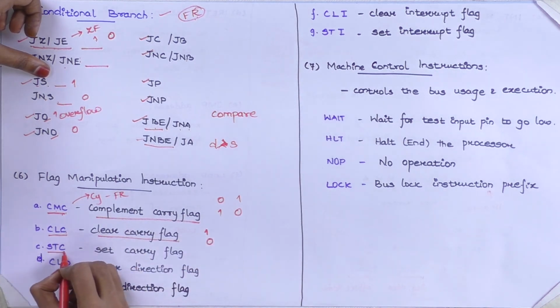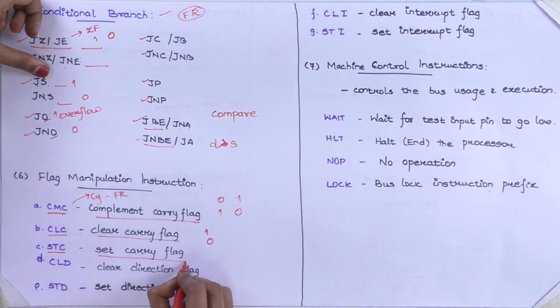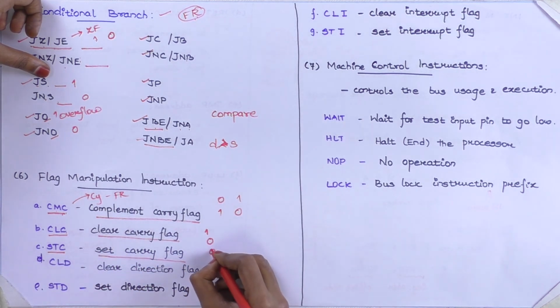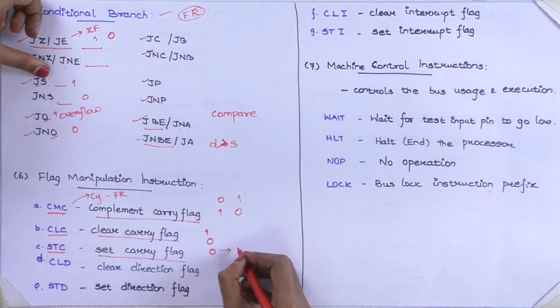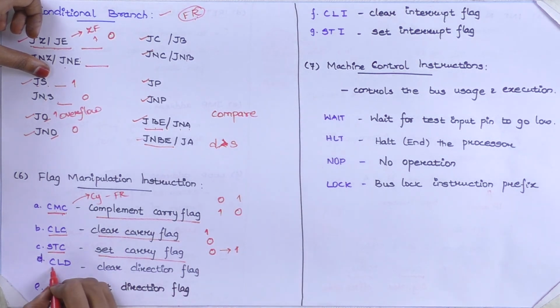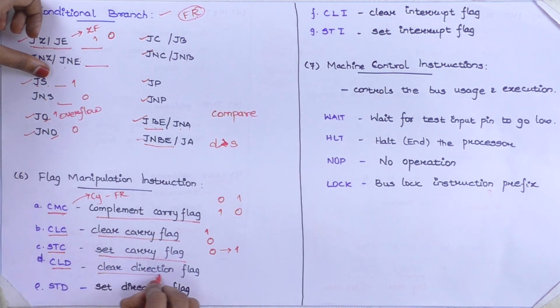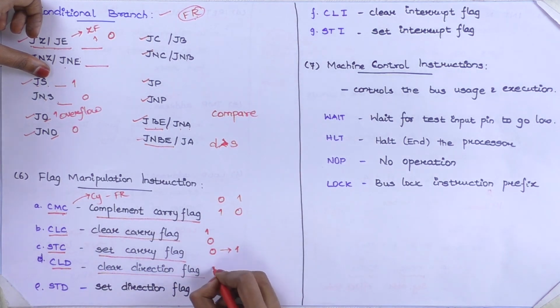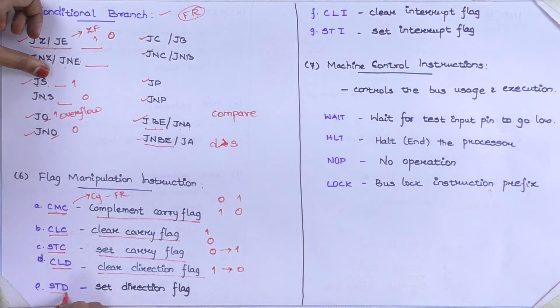The next is STC, nothing but set carry flag. If the carry flag value is 0, it will make it 1. The next is CLD, which is nothing but clear direction flag. If the direction flag is 1, it will make it 0. Next is STD, nothing but set direction flag. If the value is 0, it will make it 1.